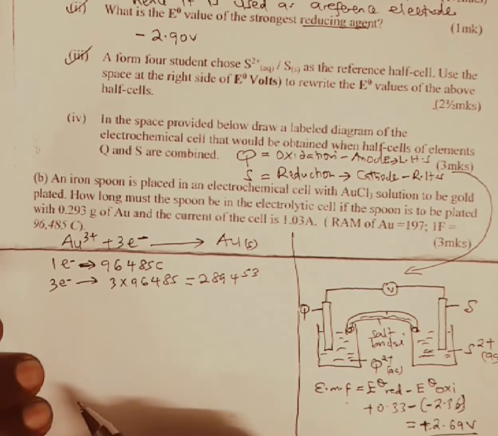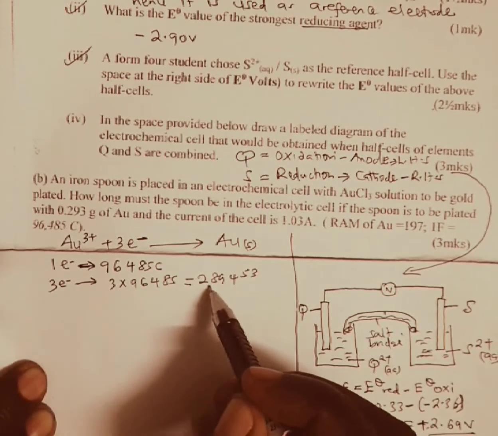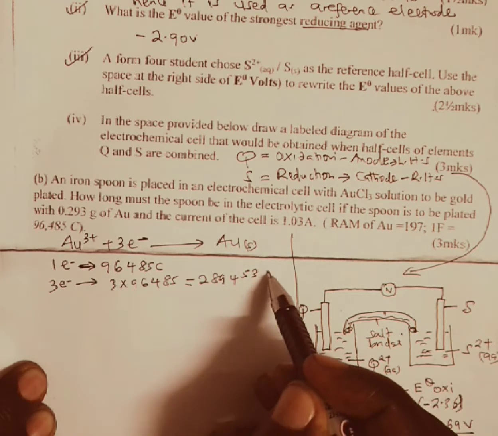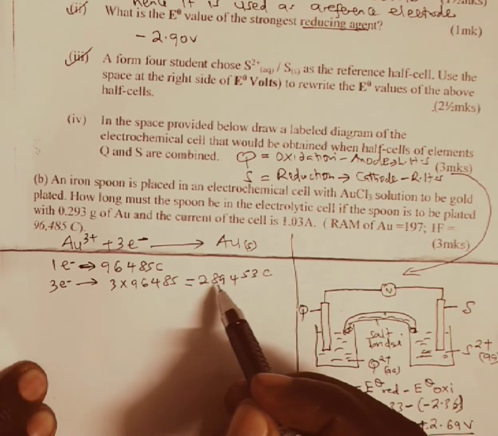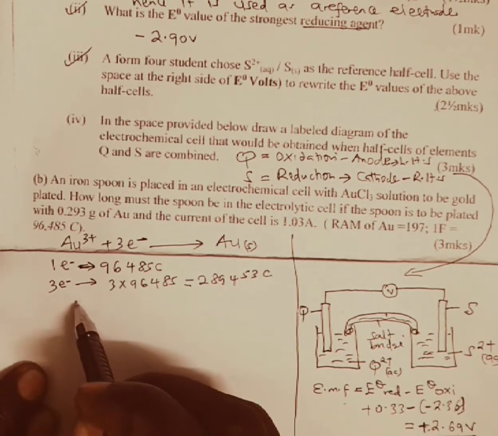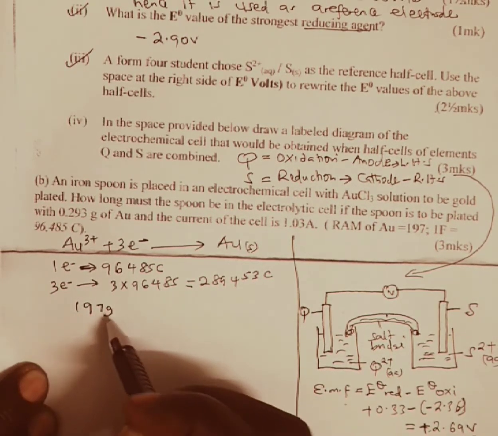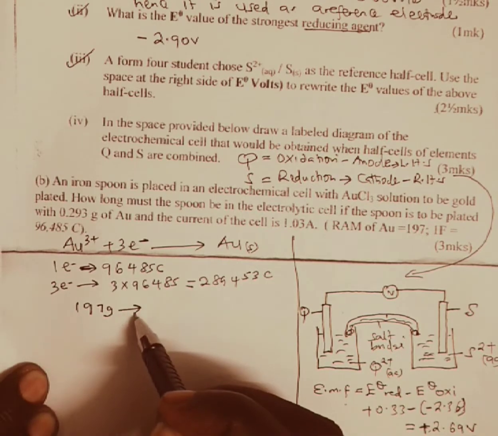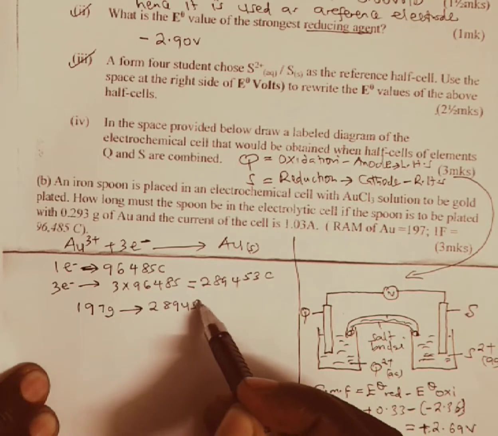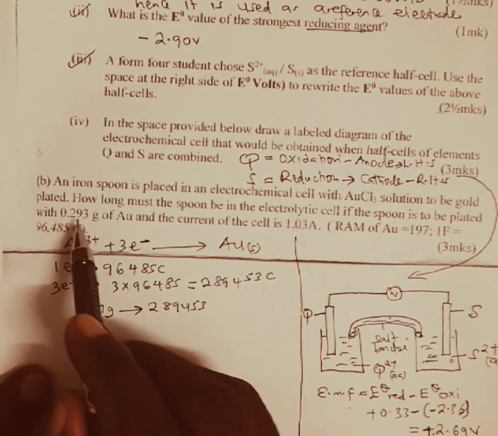From there, we know that 289,453 coulombs is the amount of electricity required to deposit 1 mole of gold, and 1 mole of gold is exactly 197 grams. So if 197 grams requires 289,453, what about 0.293?